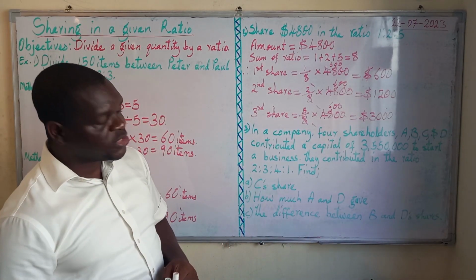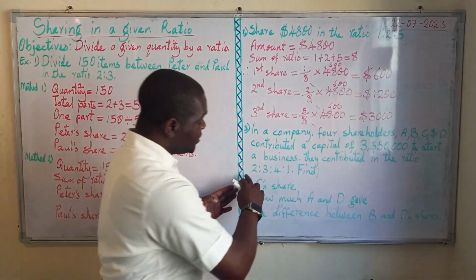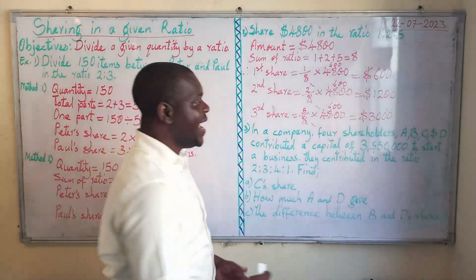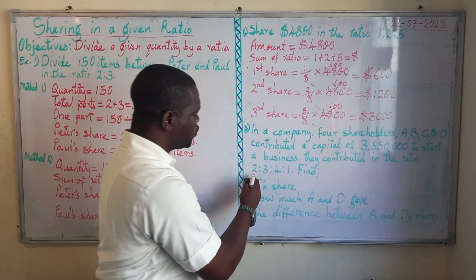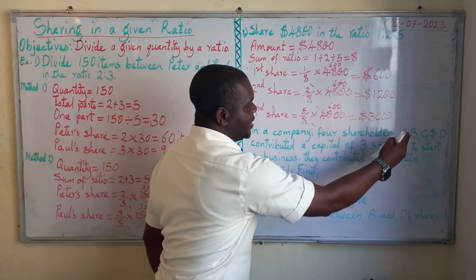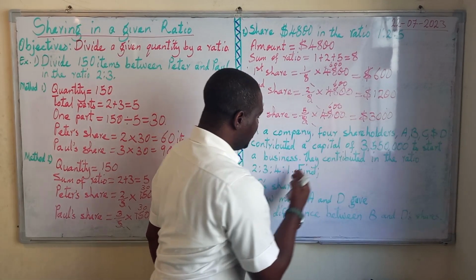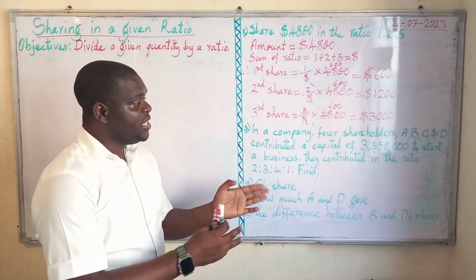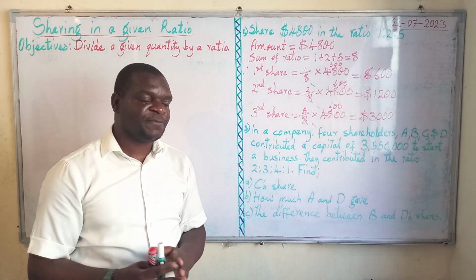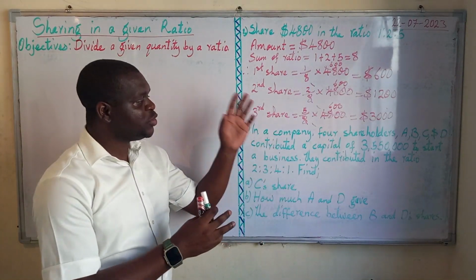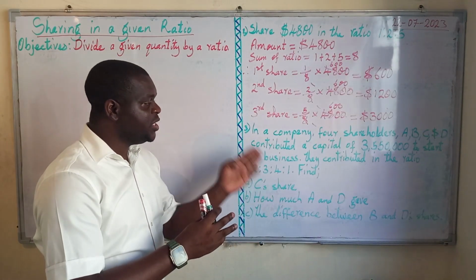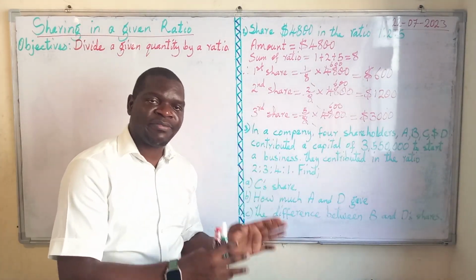The first thing you must take note of is that this ratio stands for the various contributors, and A here stands for the first quantity, B for the second, C for the third, and D for the fourth quantity. Be it A, B, C, or D's share, we need to identify the total amount that they contributed, and we need to identify the sum of the ratio.